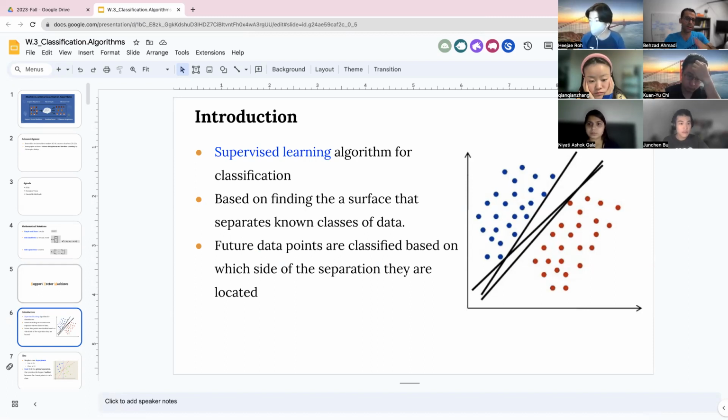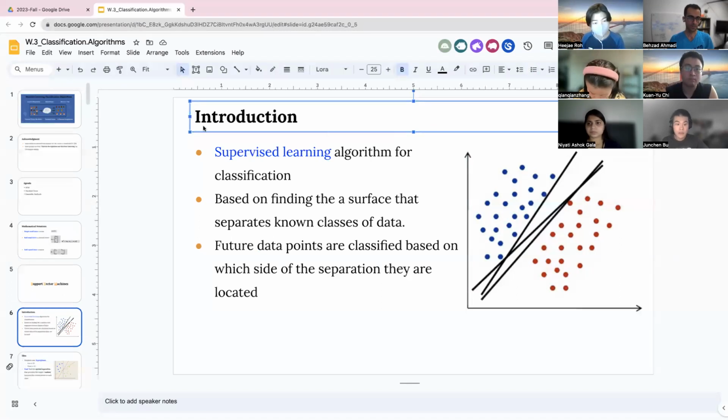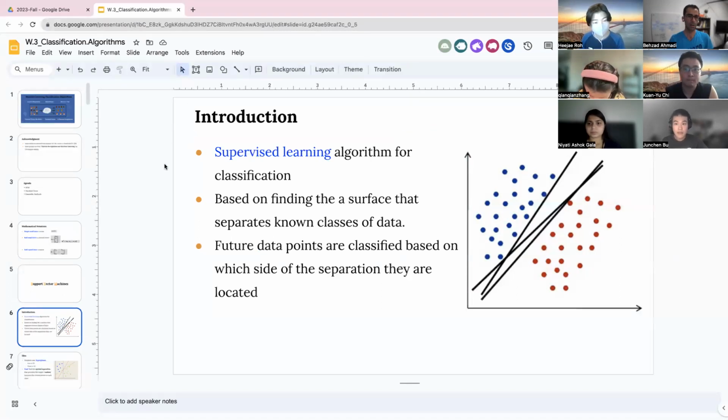You are trying to find a line or a surface that would, let me just. Can you guys hear me? Yes. Okay. So in all of these classification problems, we are trying to find a surface or line that would separate the two, right?